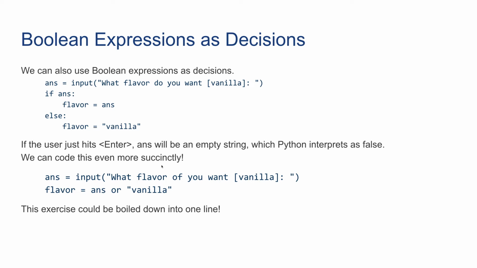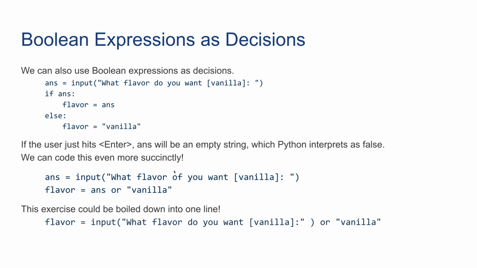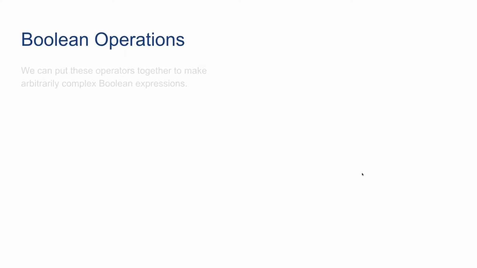This exercise could also be boiled down to a single line of code. Of course, it's going to be long, but flavor is input, what flavor do you want, or vanilla. So it's basically taking these two lines of code and condensing them into one line. I do, however, suggest the earlier way is more descriptive. It's more explicit.